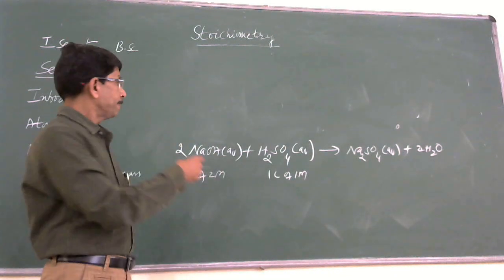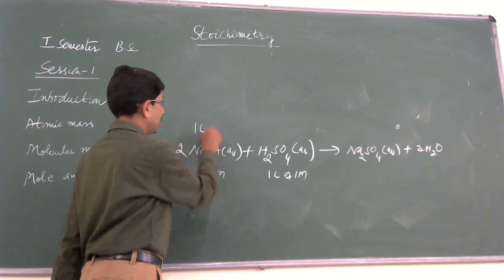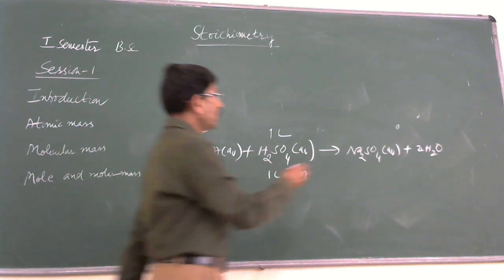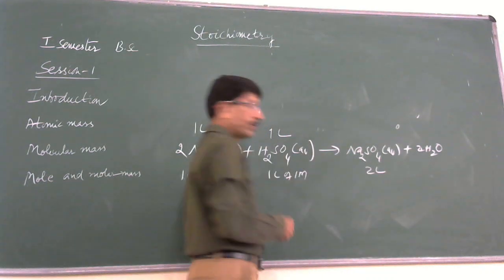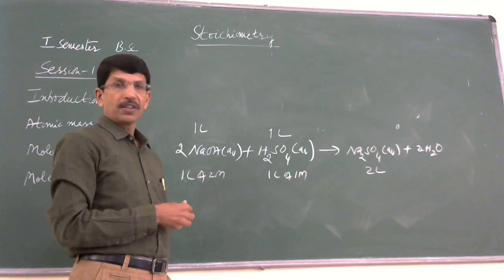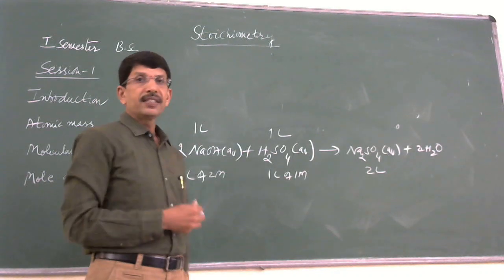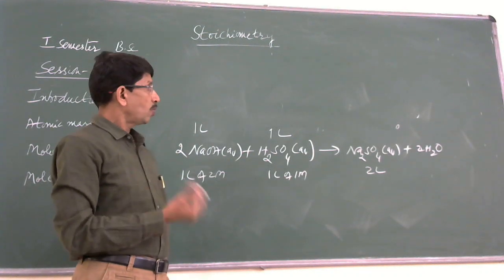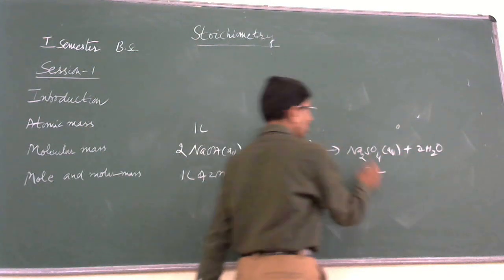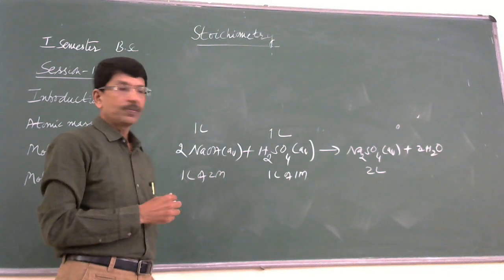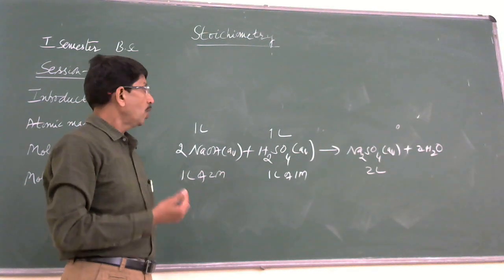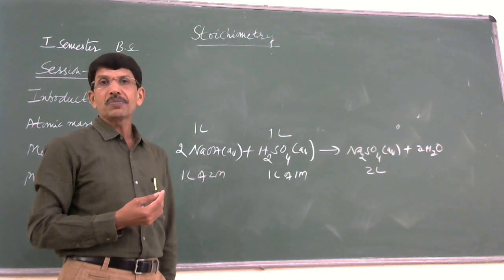If I take 1 liter of this and 1 liter of this, you get 2 liters of solution, neglecting the volume of water formed, because in aqueous medium this water is in a larger amount. Neglecting this volume, I get 2 liters of sodium sulfate, and what will be its concentration? It will be 2 liters of 1 molar sodium sulfate.